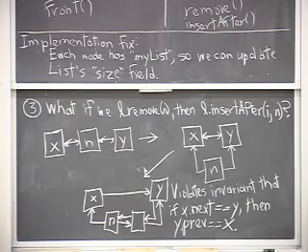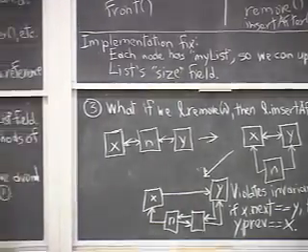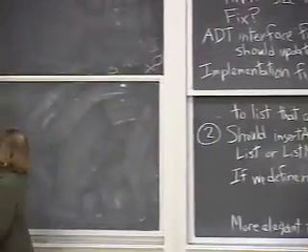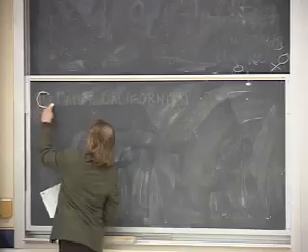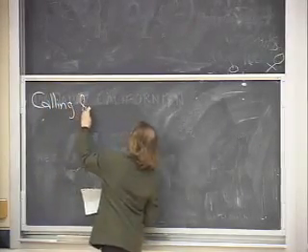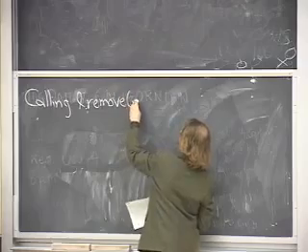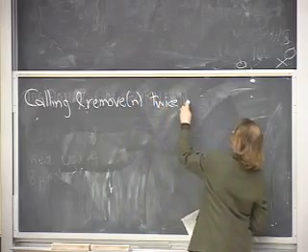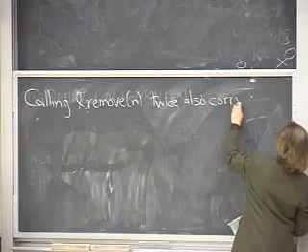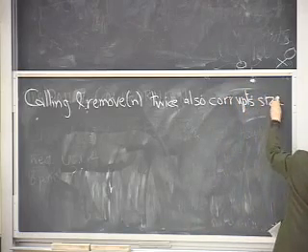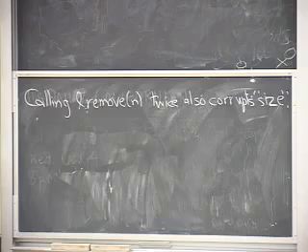And if you call remove twice on the same node, that's another way to mess up the size field. Any questions on that?